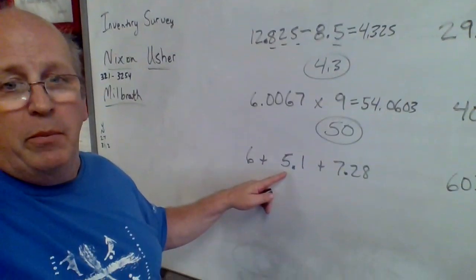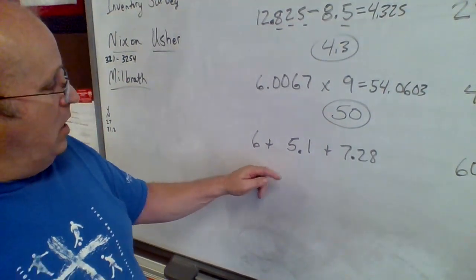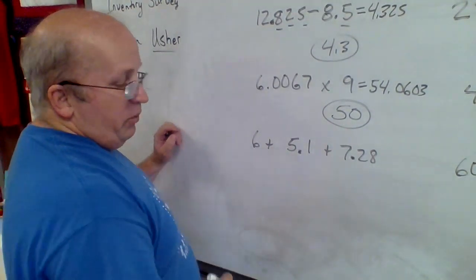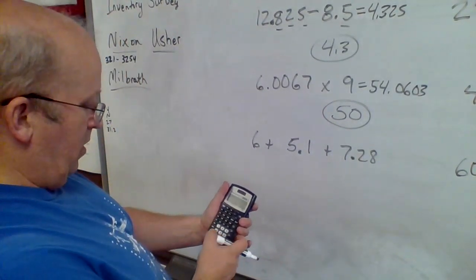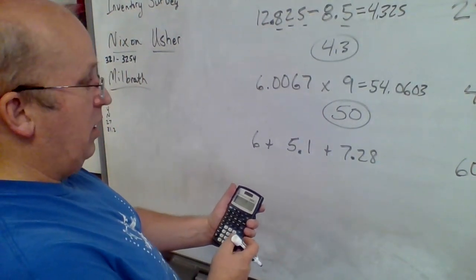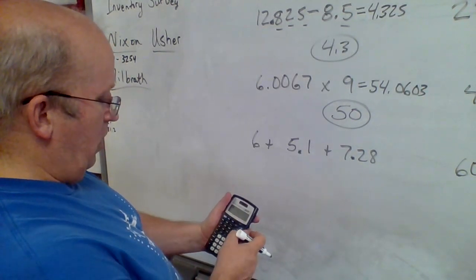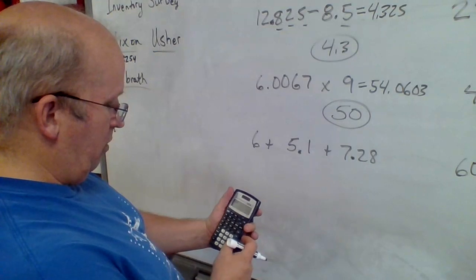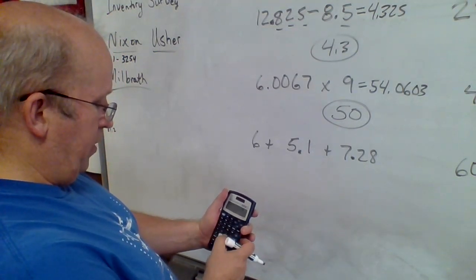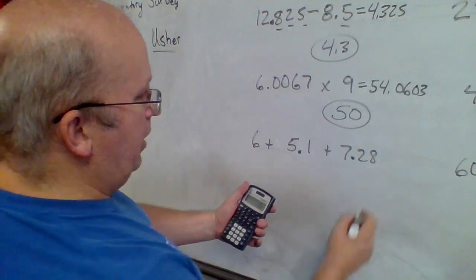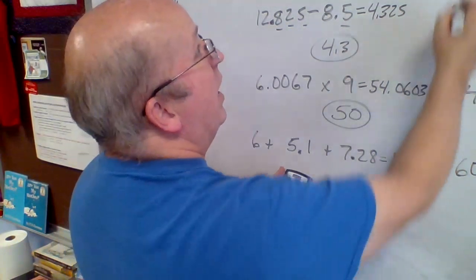It's an adding problem, so we're back to the bottom of 591, I believe. If I add these 3 numbers together, let's see what I get. 6 plus 5.1 plus 7.28 equals, and of course the calculator and I are not getting along. Could probably do it faster by hand. I get 18.38 as my answer.